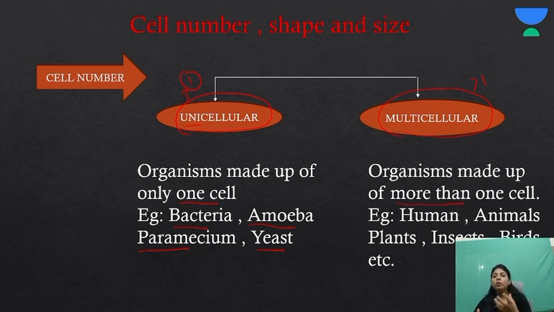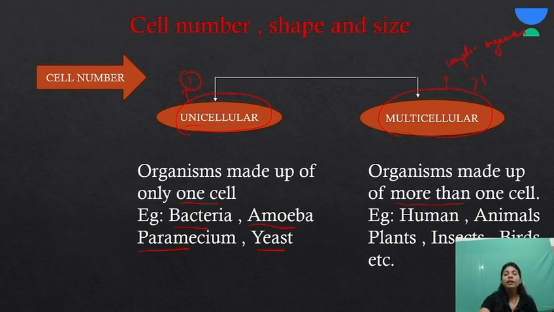Like if I talk about the heart cells, that is the cardiac cells, their function is in the circulatory system. But if I talk about the liver cells, that is hepatocytes, they are concerned with the functions of the liver. So every cell has a particular function and there is less pressure on a particular cell. So that's why they are more efficient and they are present in more complex organisms like human beings, animals, birds, etc.